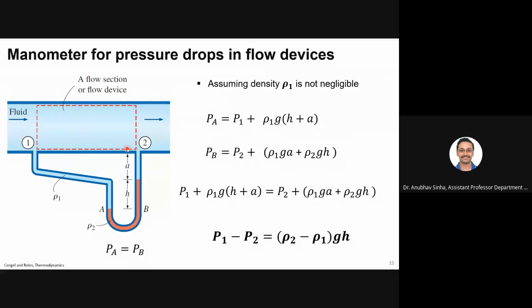Is this fine? Okay sir, thank you sir. So we'll take this question to the next class. For now, we can just fix that. This is the delta P we'll calculate for a flowing fluid.